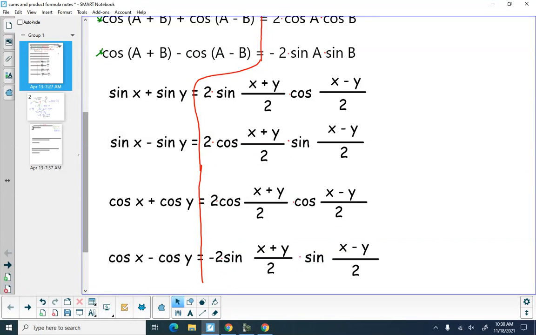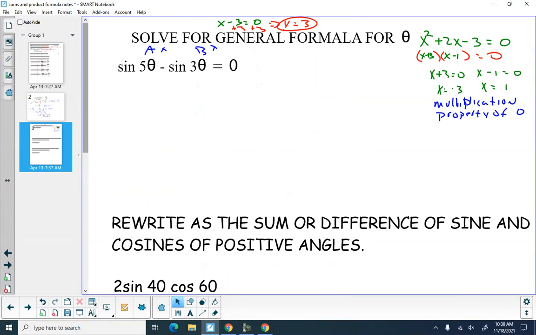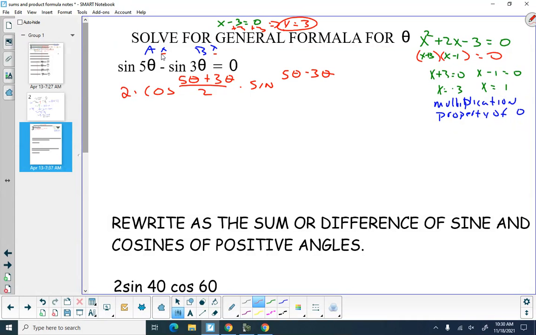So what we can do, this is my X and this is my Y. I can rewrite this as 2 times the cosine of X plus Y, so 5 theta plus 3 theta divided by 2, times the sine of 5 theta minus 3 theta divided by 2.